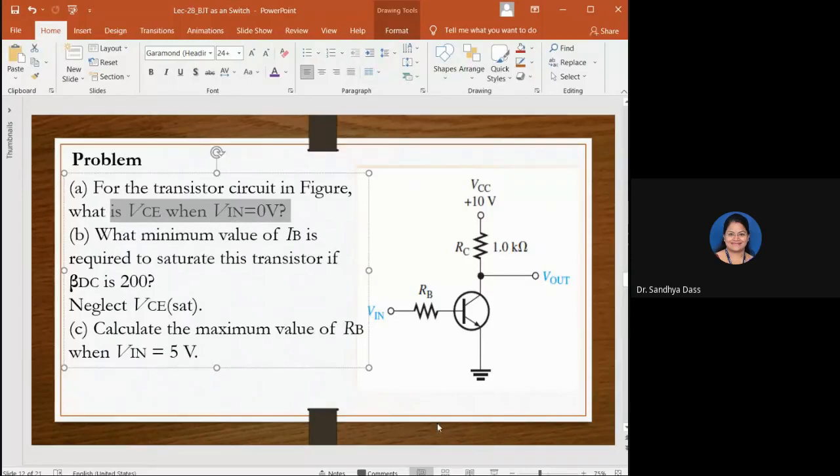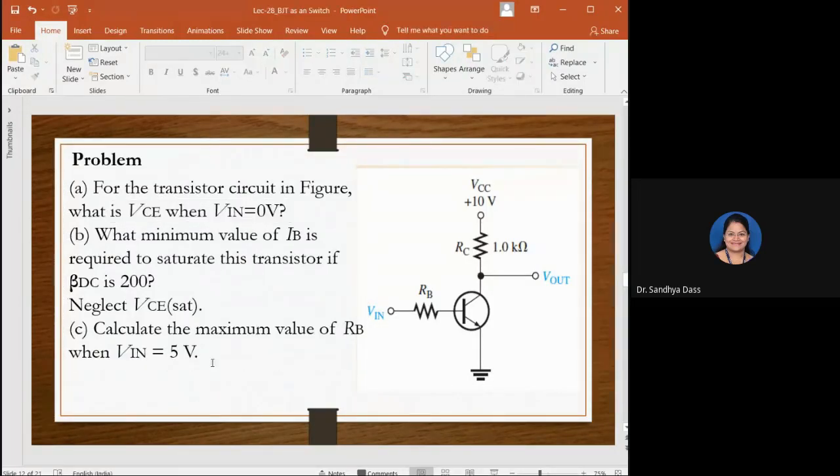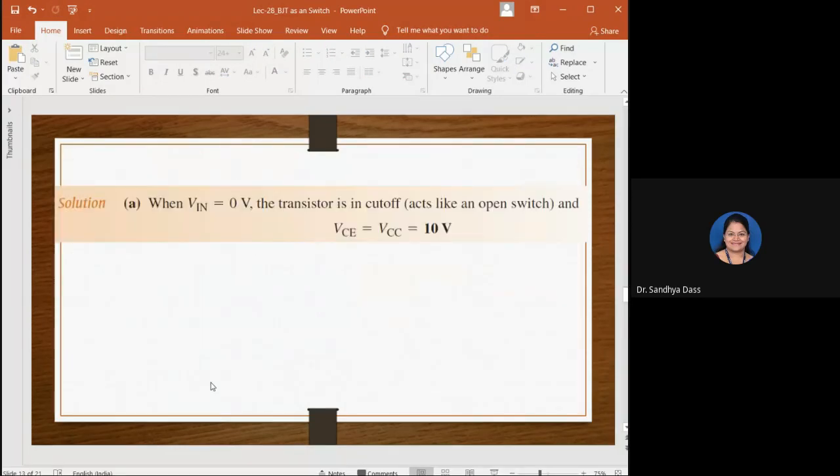When the BJT is operating in cutoff, VCE will be equal to VCC, which will be equal to 10 volts. That is the way you have to answer.